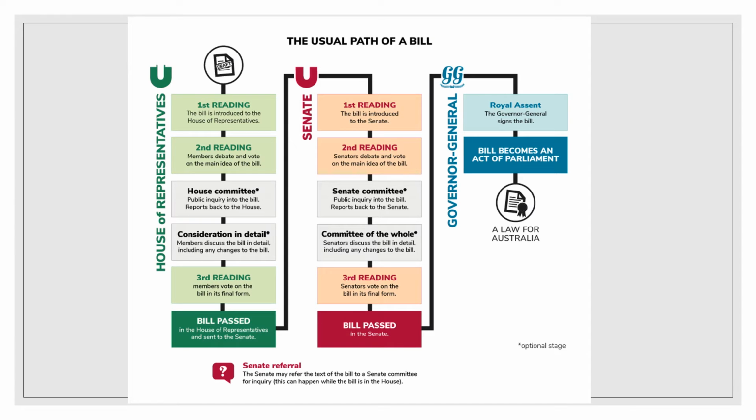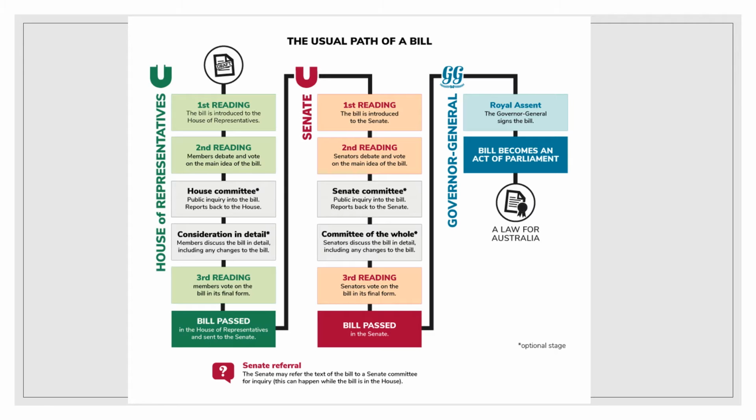Here we have the usual path of a bill. So in the green column on the left-hand side, we've got the House of Representatives. You can see there the first reading, the second reading, and each different step that the House of Representatives takes before the bill is passed. And when it is passed in the House of Representatives, it is then sent to the Senate, which you can see in the middle, the pink column.